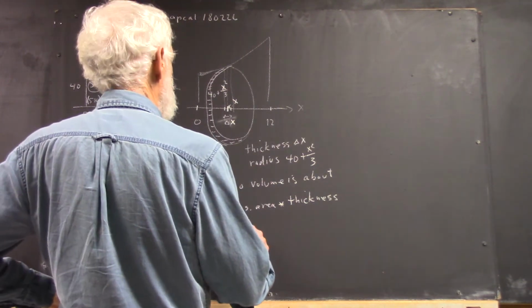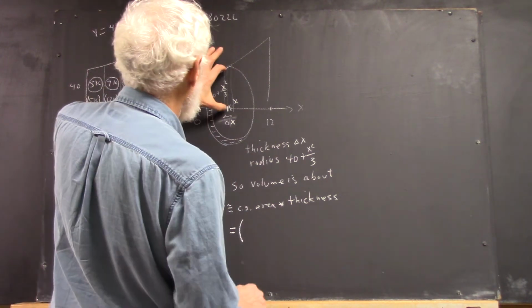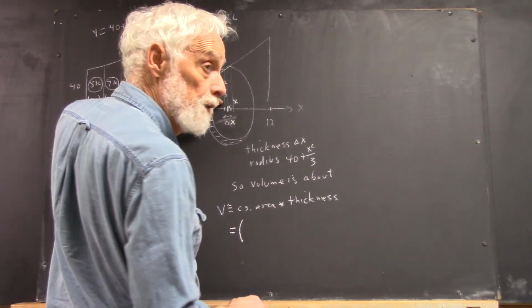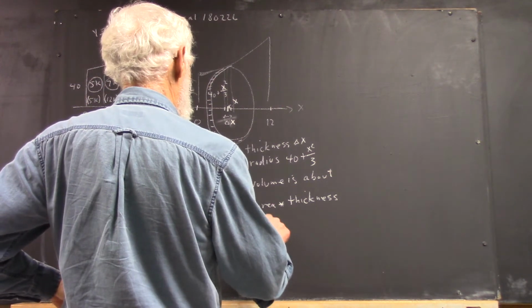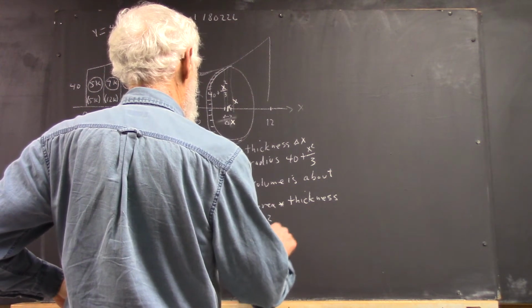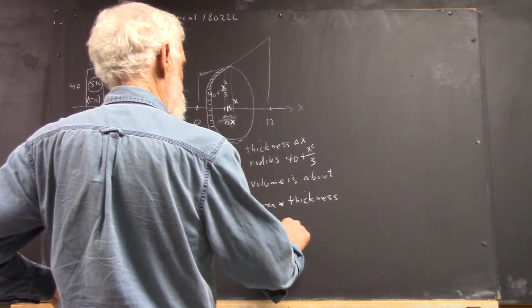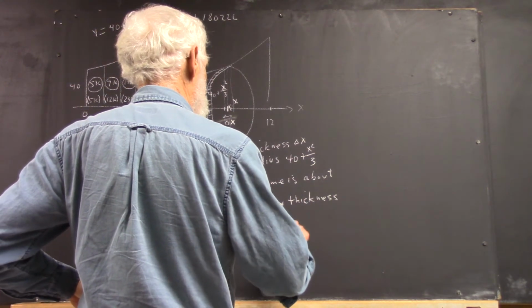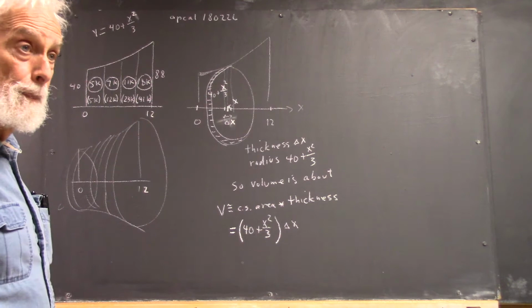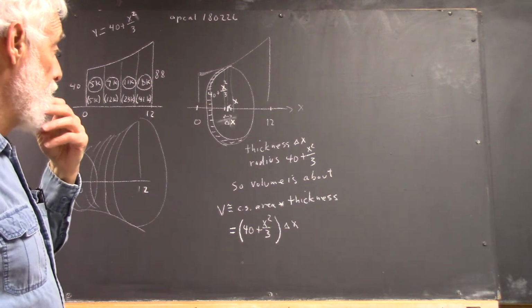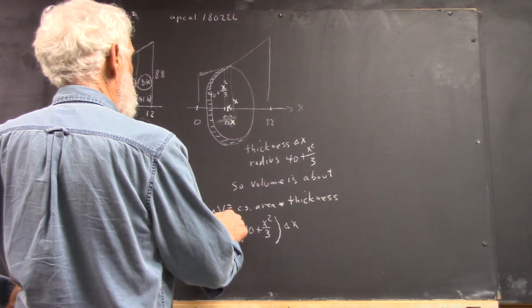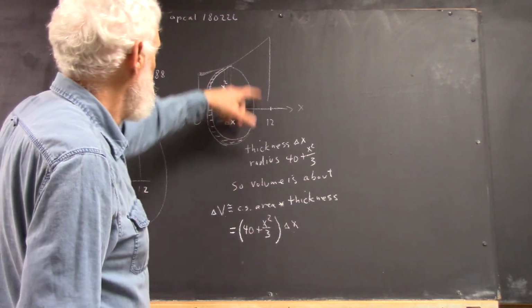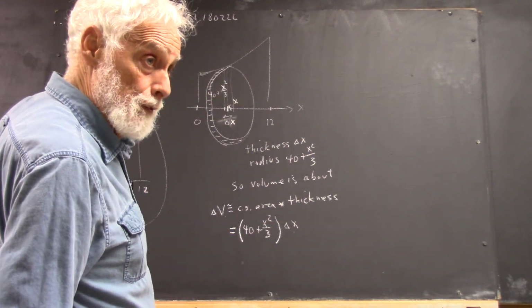So that's going to be, well, the radius of the disk is 40 plus x squared over 3, and then that's times delta x. So that would be the volume. Now, I'm actually going to call that a delta V. That would be the contribution to the volume of this disk.